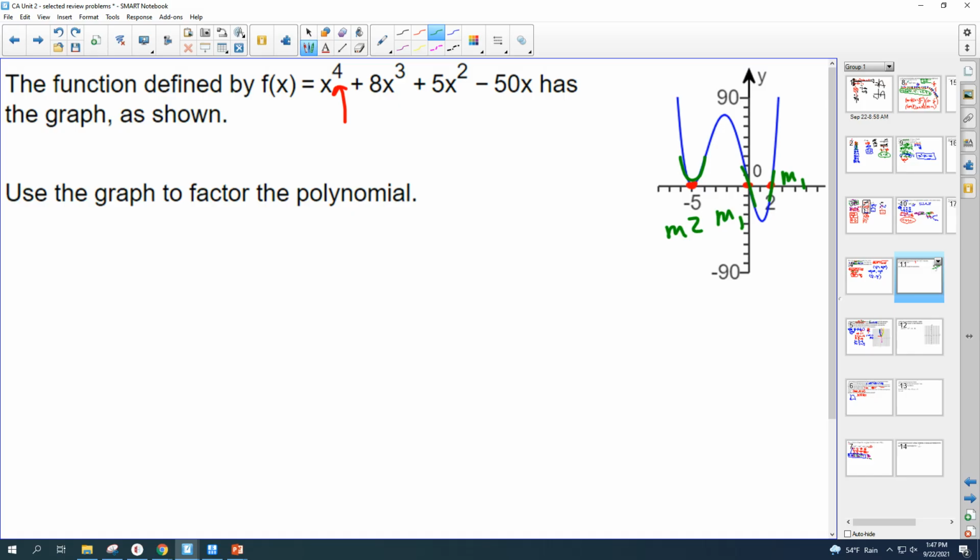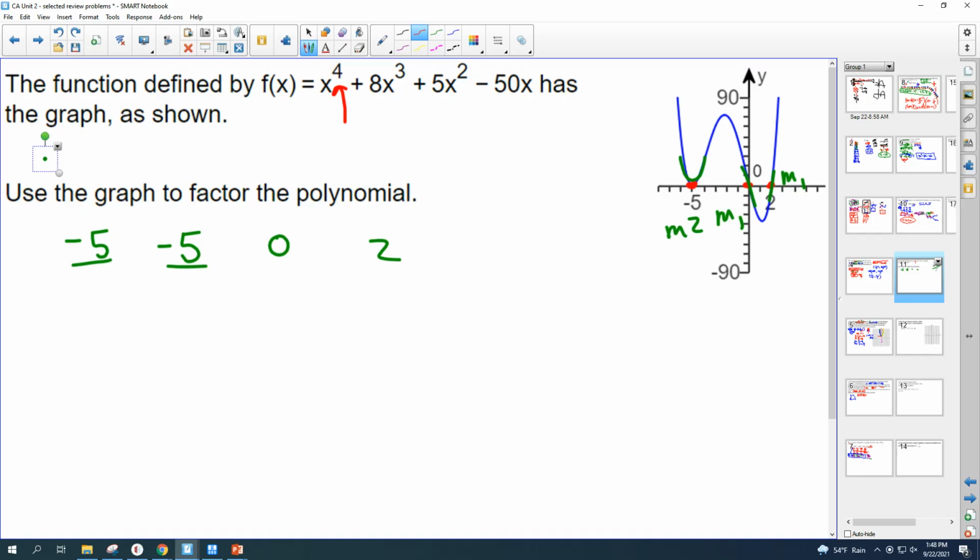I can tell a -5 with multiplicity 2 means that it's there twice, okay? It's a repeated zero. And then there's a 0, and then there's a 2. Those are my 4 solutions, right? And I know the first one is repeated, so technically there's only 3, but those are my 4.